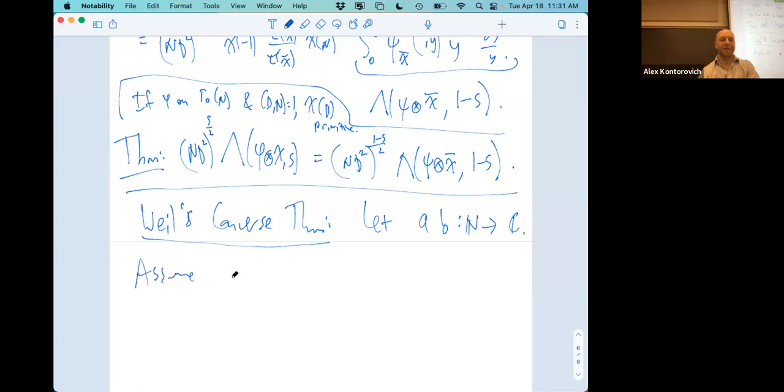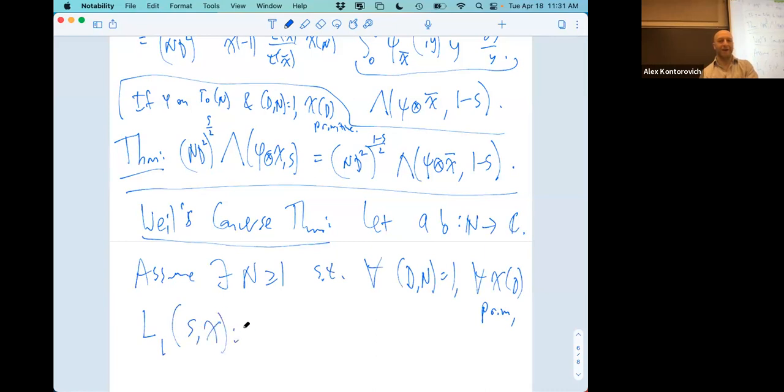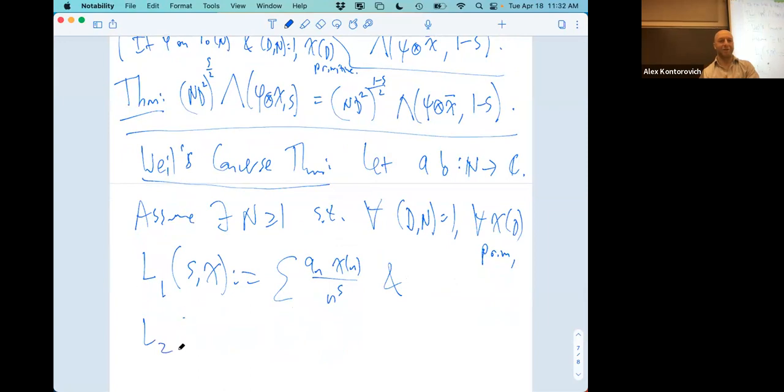Assume there exists a number n such that for all d coprime to n and all primitive characters mod d, the L function L1 of s with a chi is given by a_n chi of n over n to the s, and the L function of 2 twisted by chi given by b_n chi of n over n to the s are entire.